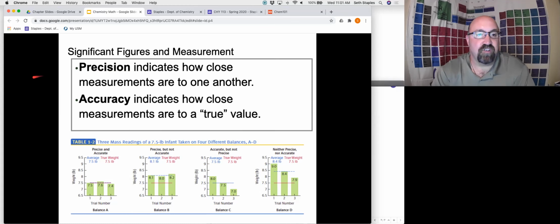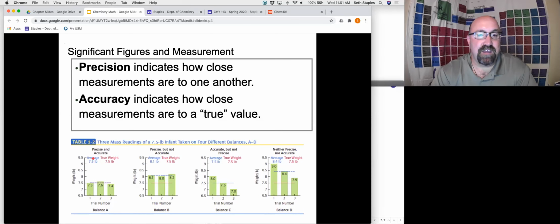So precision indicates how close all of those measurements are to each other, whereas the accuracy of those measurements, really the average of those measurements, will indicate how close the measurements are to the true value, what they really should be.